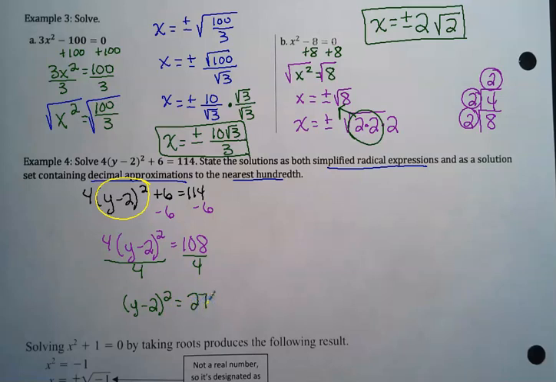Hopefully you got that down anyway. What's the next step? Good, we're going to apply that square root property. So we're going to take the square root of both sides. That will give us y minus 2 equals plus or minus the square root of 27.